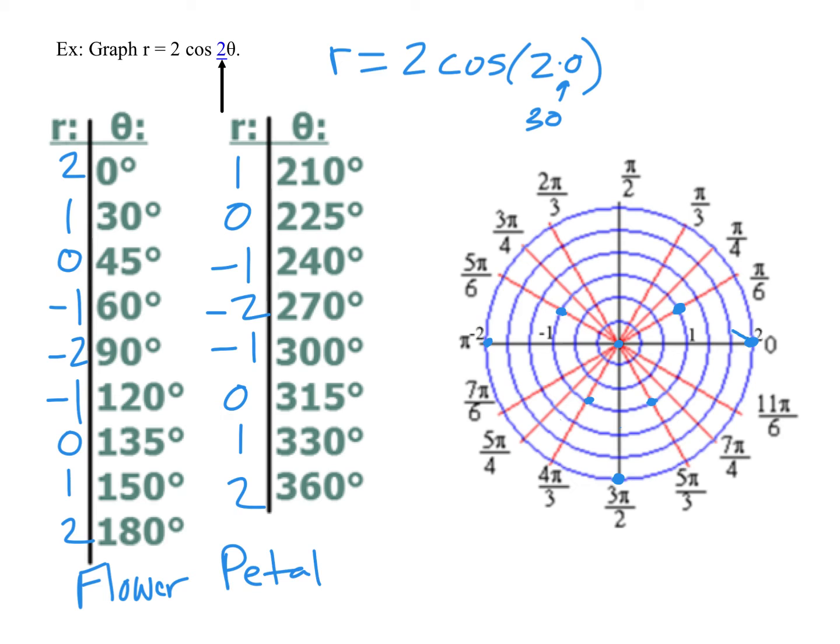I could connect all my points as I make them. That's what we have so far, right? I'm about halfway through. Now I'm back to 1 and go to 210.